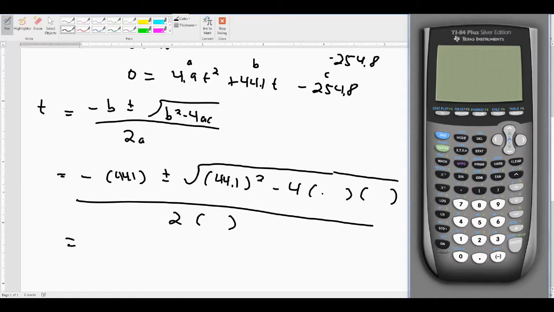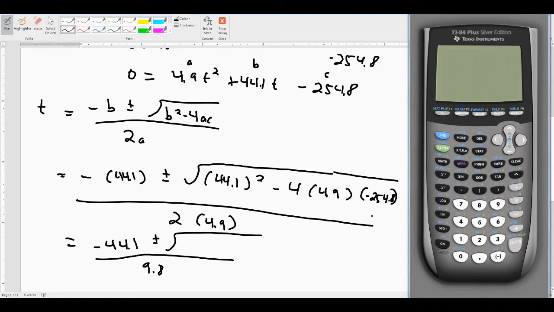A is 4.9. And C is negative 254.8. Notice that sign. So now what I'm going to do is do the easy stuff first. 2 times 4.9 is 9.8, plus or minus.